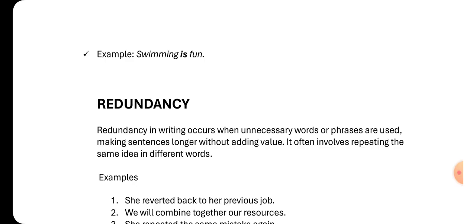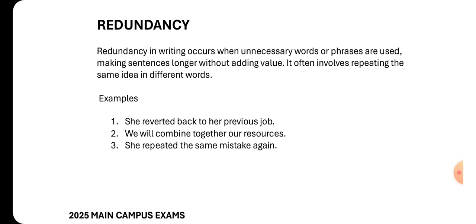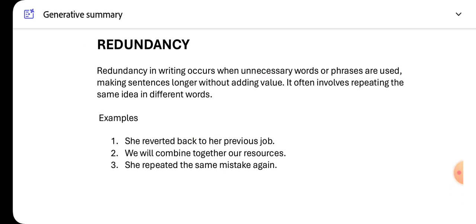Now let's look at redundancy, the last one I want to solve with you, the last error. Redundancy in writing occurs when unnecessary words or phrases are used, making the sentence longer without adding value. It often involves repeating the same idea in different ways.